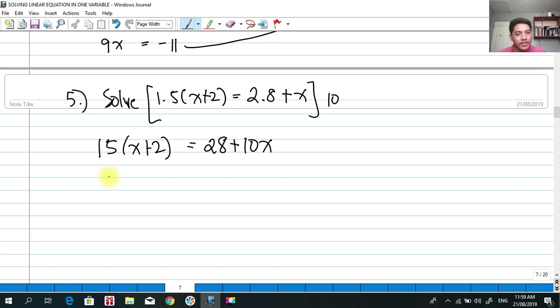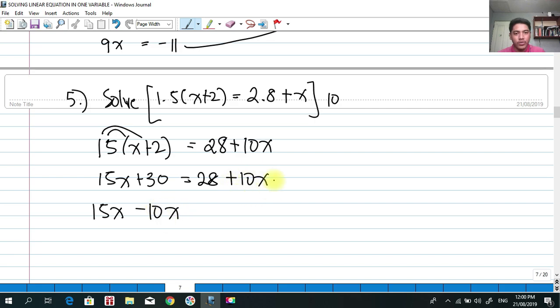So what will happen is we're going to distribute this. 15 times x is 15x, plus 15 times 2 is 30, equals 28 plus 10x. Then, combining like terms again, 15x minus 10x, we transpose this on the left side, equals 28 minus 30.